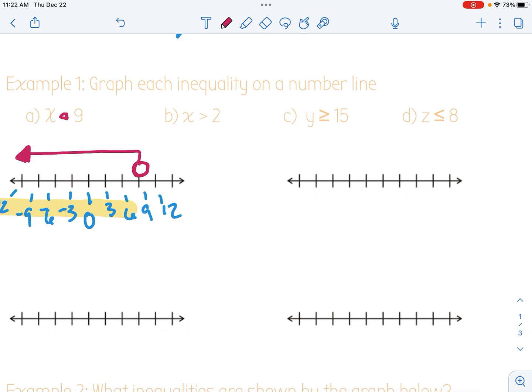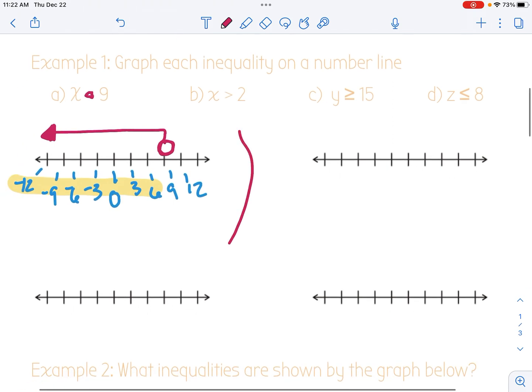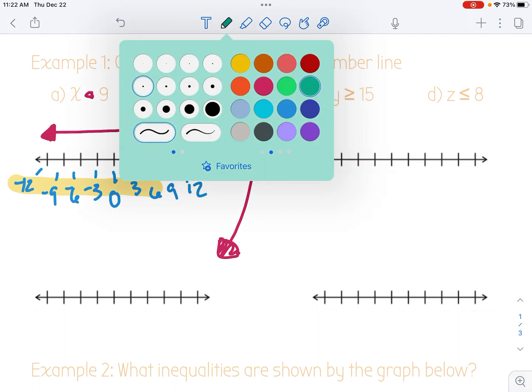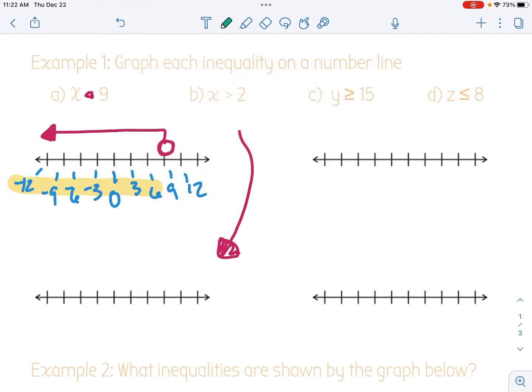All right, B. x is greater than 2. I'm going to start by putting 0, and then my numbers 1, 2, 3, 4, and -1, -2, -3, -4.